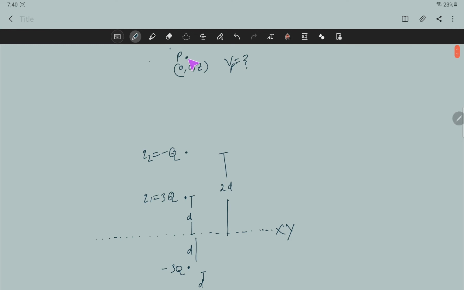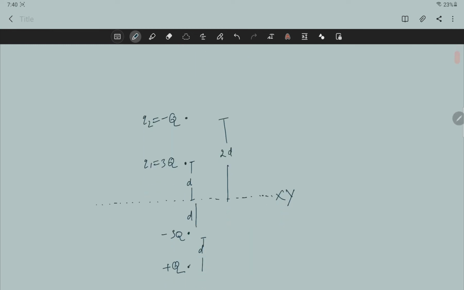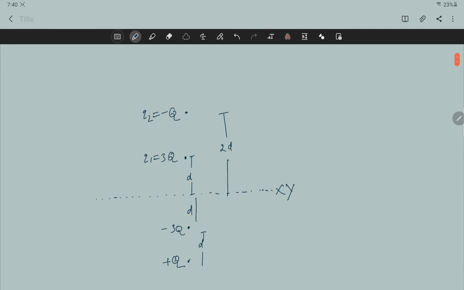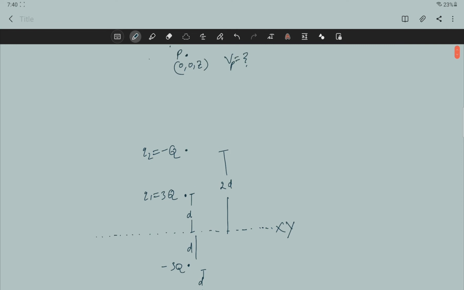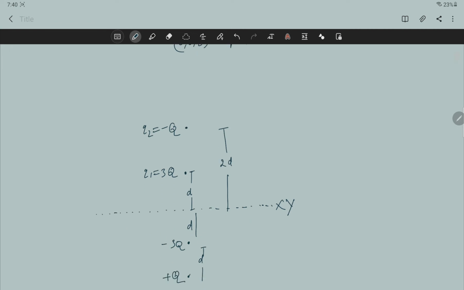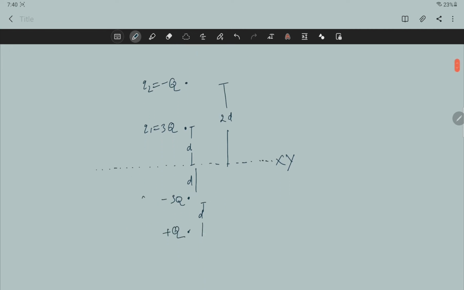So we have to find the potential at P. It's very simple to calculate the potential at P because these are point charges and we know the distances of these point charges from the point P. Let us call them q3 and q4.